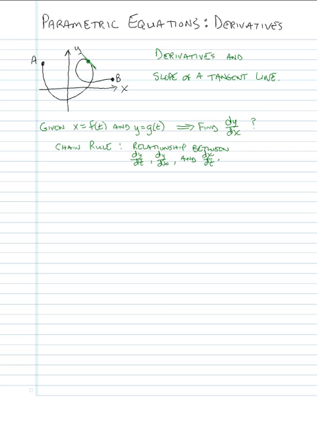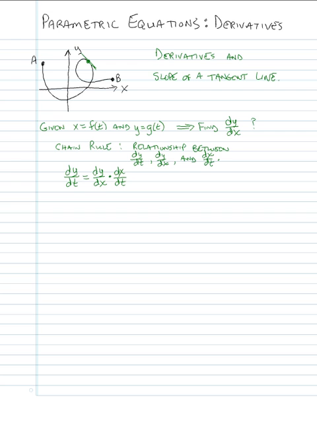Now remember, we're assuming y can be written as a function of x, but x is a function of t. So we're using the chain rule there. We'd first have to find the derivative of y with respect to x, and then we'd have to multiply that, because x is defined in terms of t, with the derivative of x with respect to t.